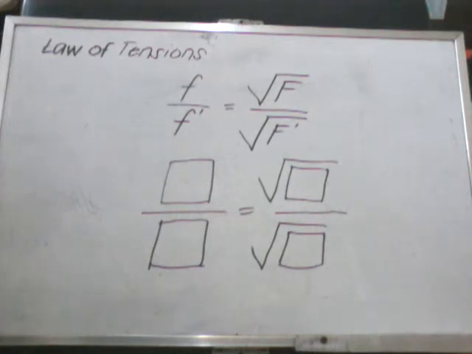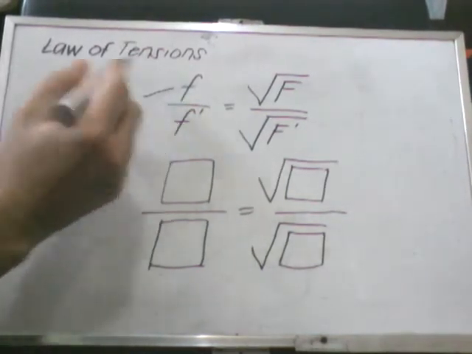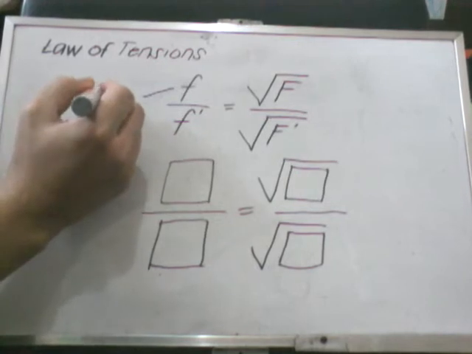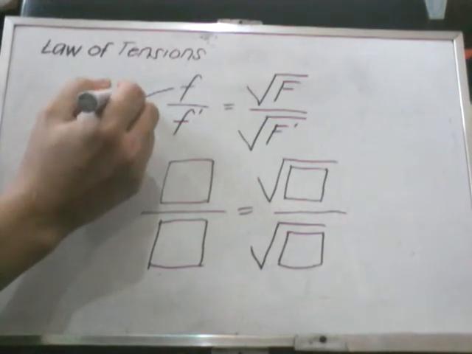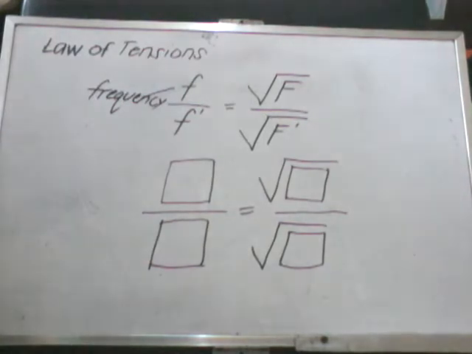The formula is a simple ratio and proportion concept where F represents frequency, and capital F is the exerted or applied pressure on a string.